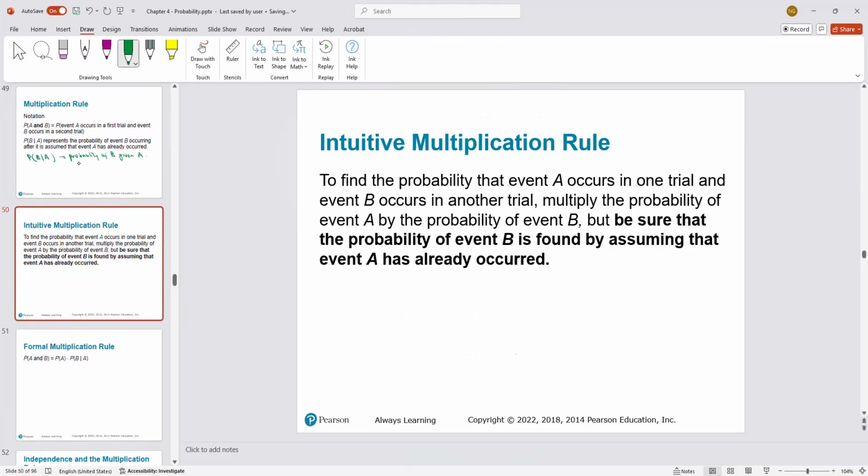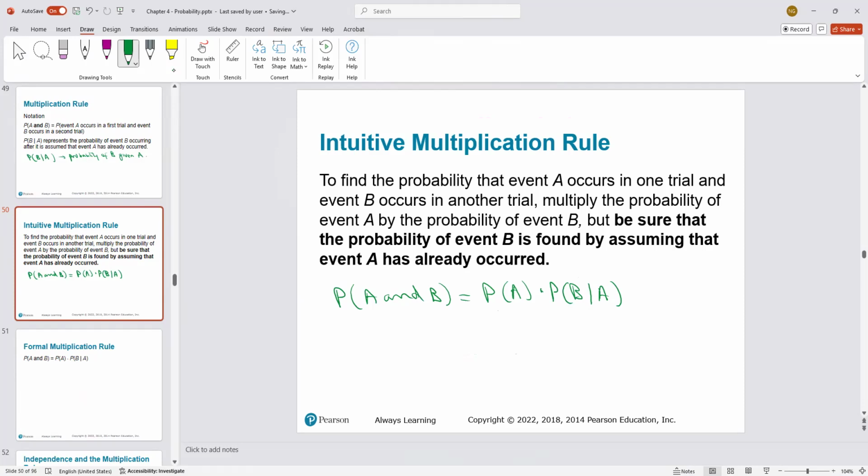To find the probability that event A occurs in one trial and event B occurs in another trial, multiply the probabilities of A and B. So probability of A and B could be probability of A times probability of B. But we don't quite write it like this, because in order to find the probability of A and B, we need to make sure that we find the probability of B given that you already did A. You do A, then you do B because you already did A. That's how we write it.